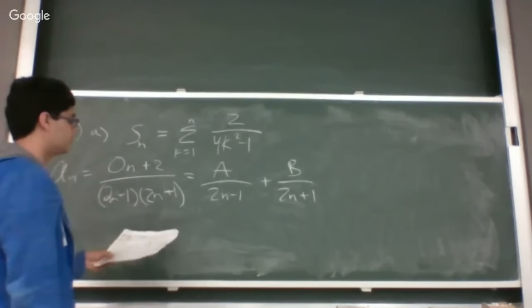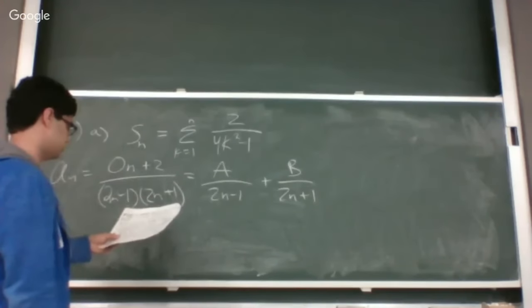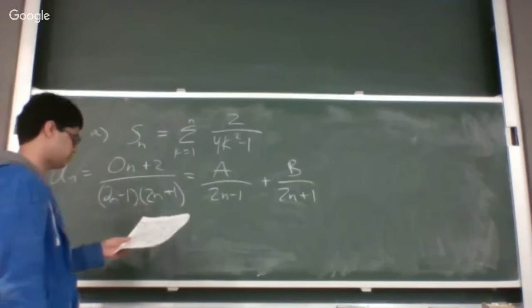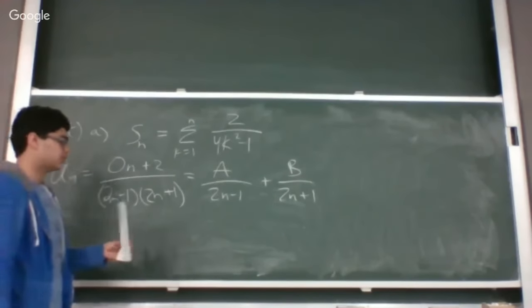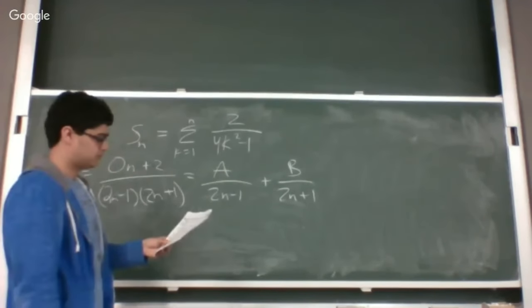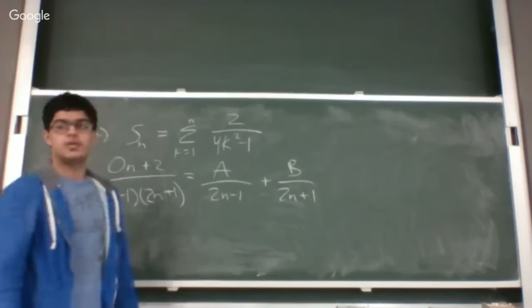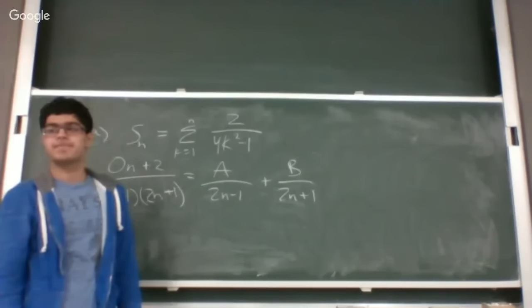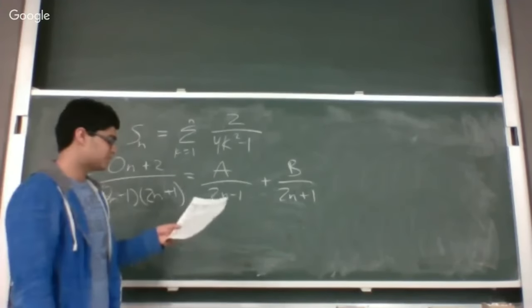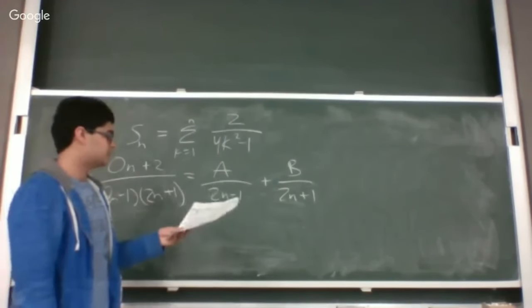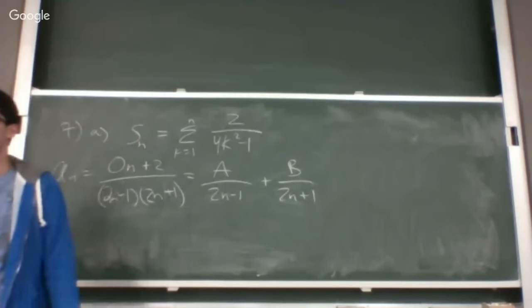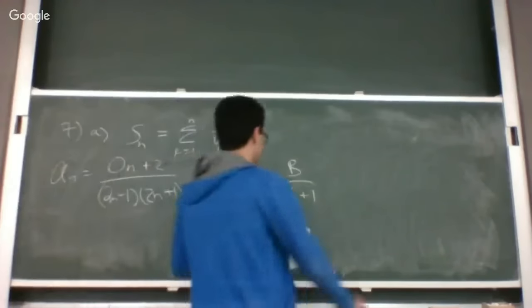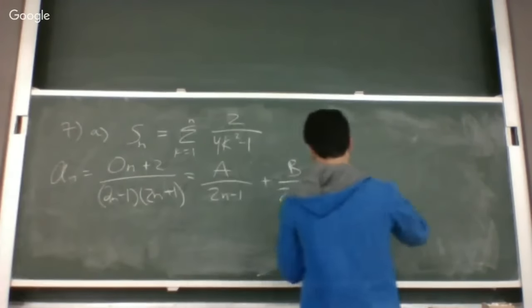So what method do you guys want to use? The best method would be method 1, just for this. I like the Heaviside, but let's just go with method 1, because it's not complicated here to multiply them out. Normally I prefer the Heaviside.